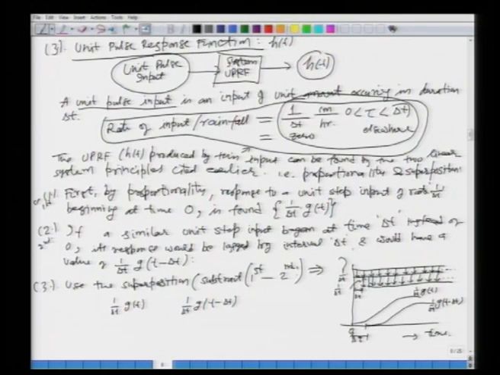So, you come down here. You want to find out what will be the response from the system due to only this input, right. What is this? This is nothing but 1 by delta t centimeters per hour occurring for what? For a duration delta t.